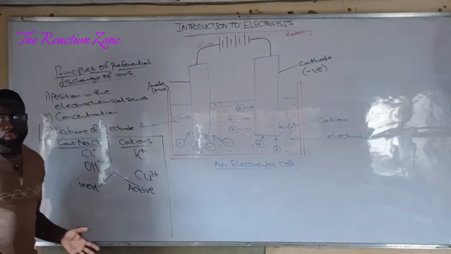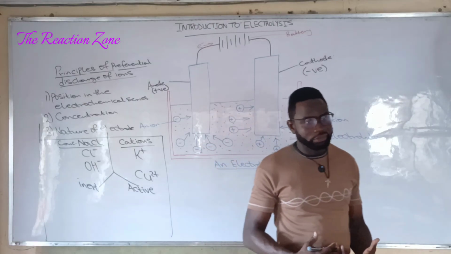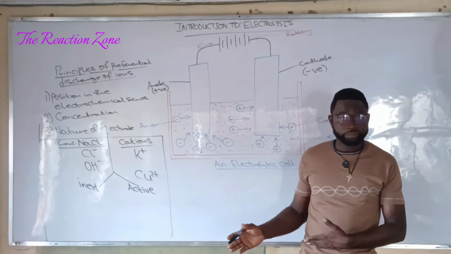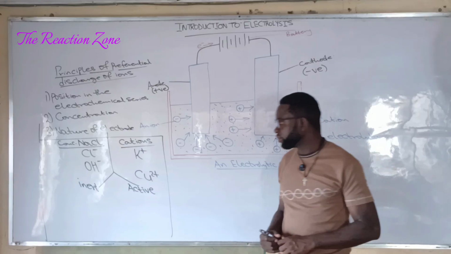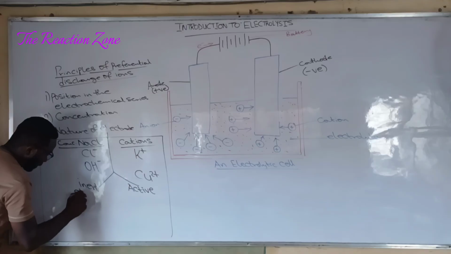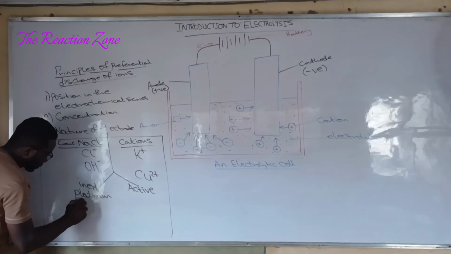Inert electrodes are electrodes that do not influence the ions that will be discharged or deposited at the electrodes. Examples of inert electrodes are platinum electrodes and electrodes made of graphite.